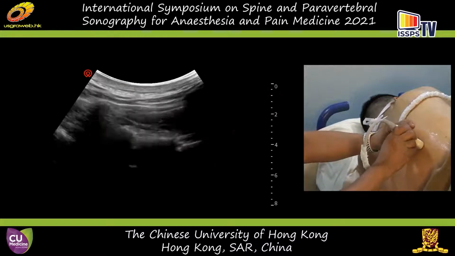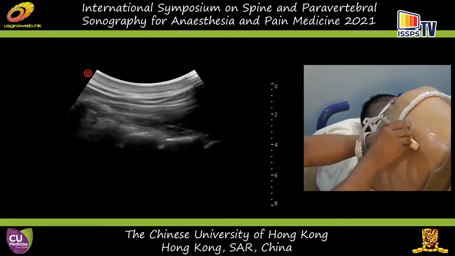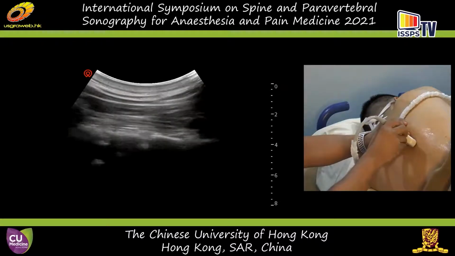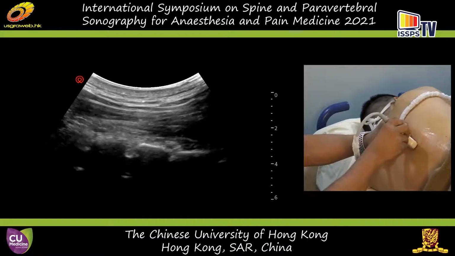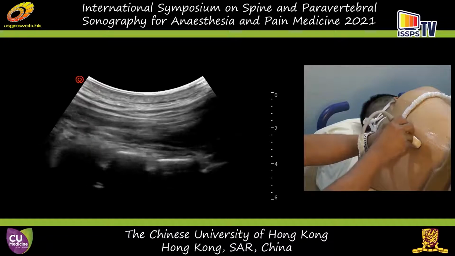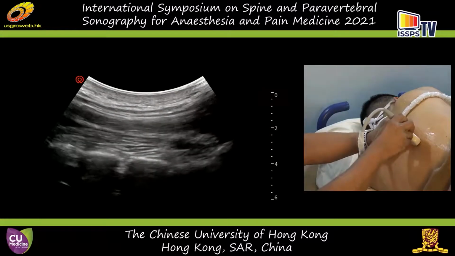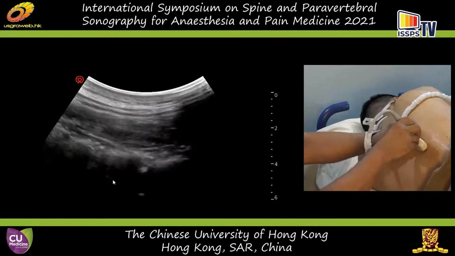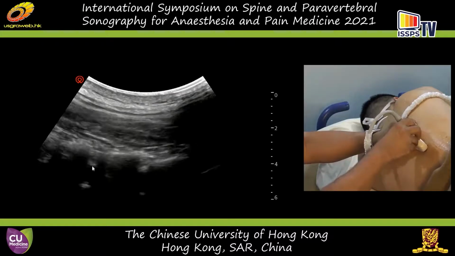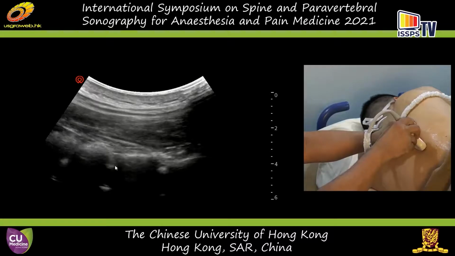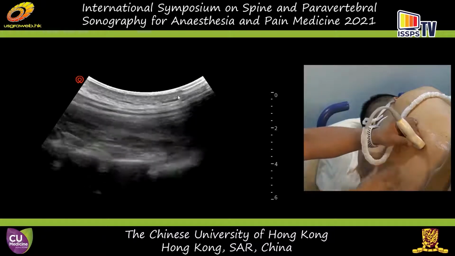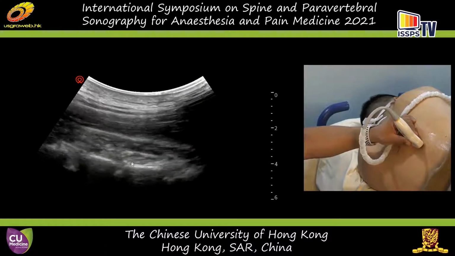If we look at the 9 and 10 level, you can reduce the depth a touch for me. Yeah, so you can see the interlaminar spaces. They are quite adequately visualized. And you can guide your needle and use loss of resistance to identify the epidural space.